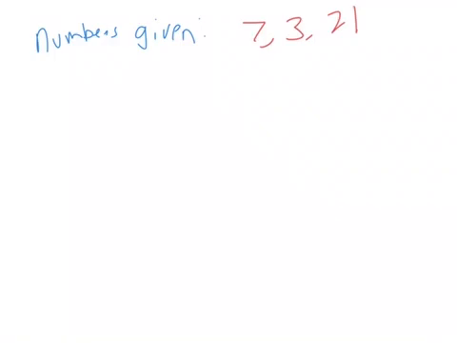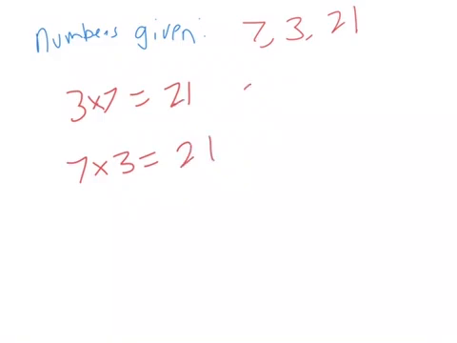We can do 3 times 7 is 21. We can do 7 times 3 is 21. We can do 21 divided by 7, which is 3. We can do 21 divided by 3, which is 7.